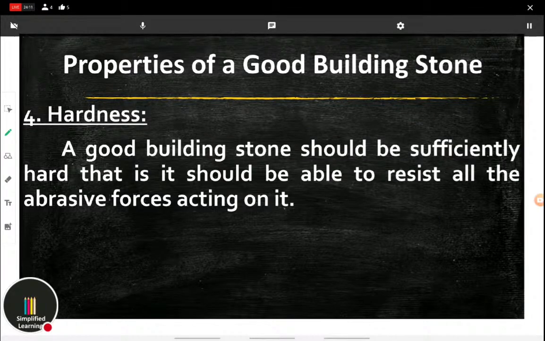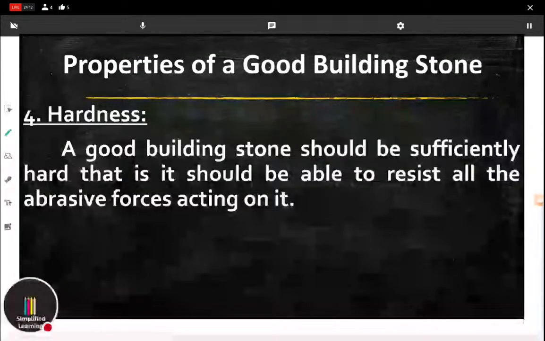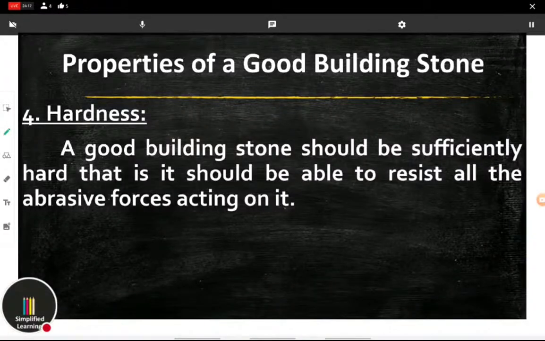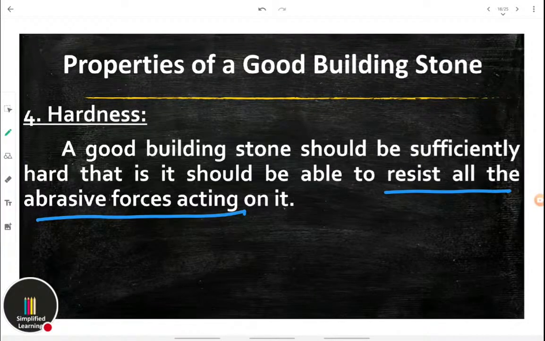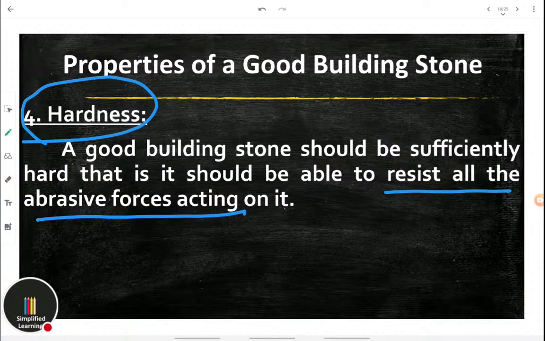Hardness is there. A good building stone should be hard. Yes, it should be sufficiently hard to resist all the abrasive forces acting on it. See, this specific property, hardness, we are going to take into consideration when we talk about highway material in transportation engineering.